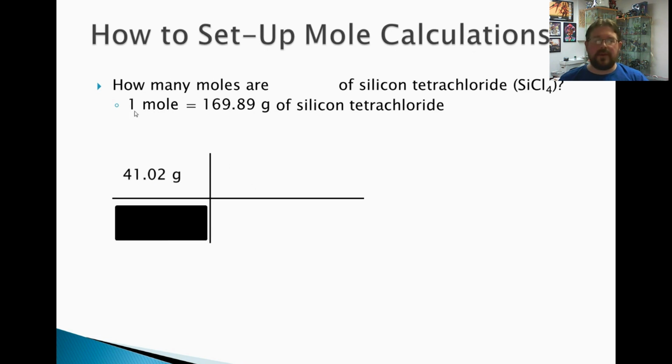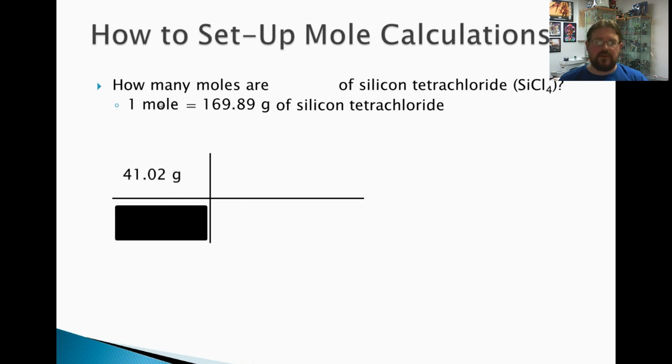Now, these two boxes are where we're going to put our little key or our bridge here that's going to get us from grams to moles. The key to figuring out which number goes where, it's not always going to be the same. You have to look at the problem you've set up so far and look right here. You look at your units in the top left. You want that to match the bottom right. If I have grams here, I want grams down here.